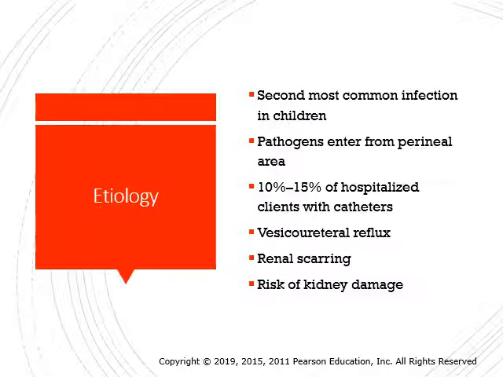Renal scarring from chronic urinary tract infections or other types of renal disease can put a patient at greater risk for urinary tract infection. And urinary tract infections of either frequent or chronic nature can increase the patient's risk of kidney damage.